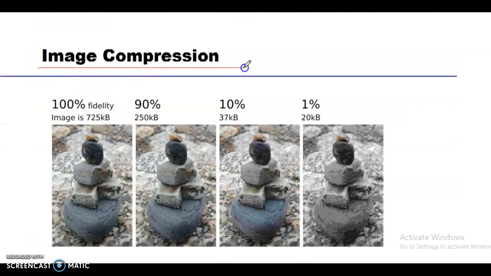Image compression. At 100% fidelity the image is 725 kb. At 90% it is 250 kb. At 10% it is 37 kb. At 1% it is 20 kb.